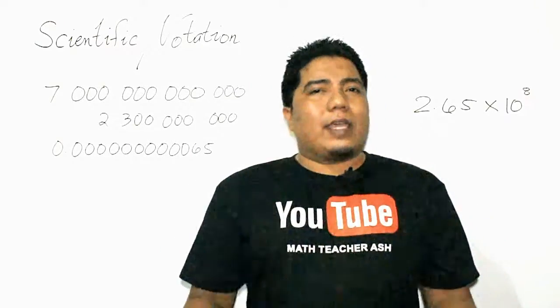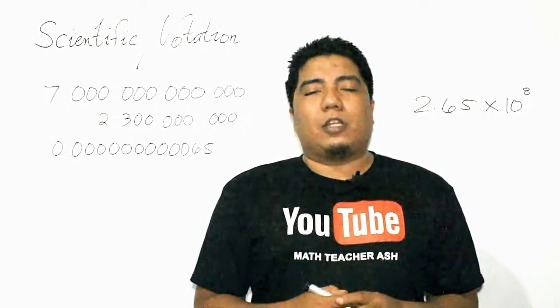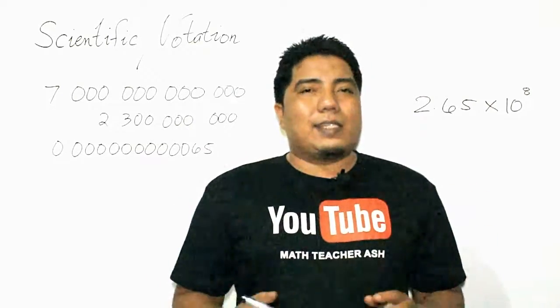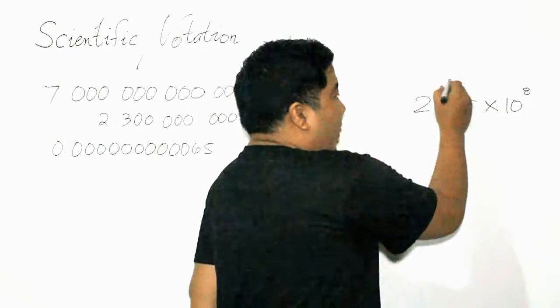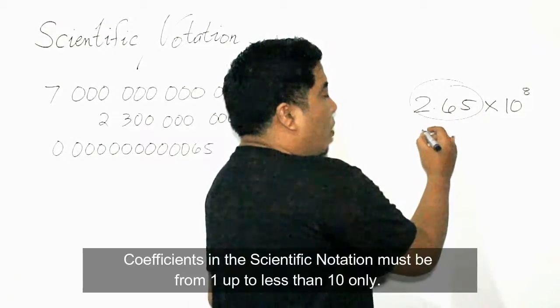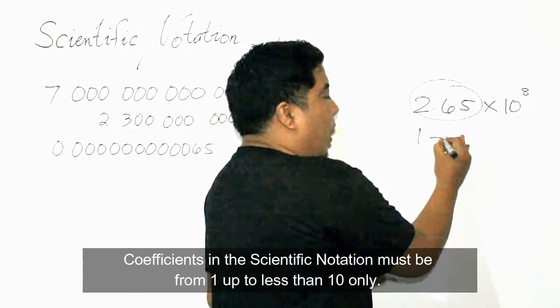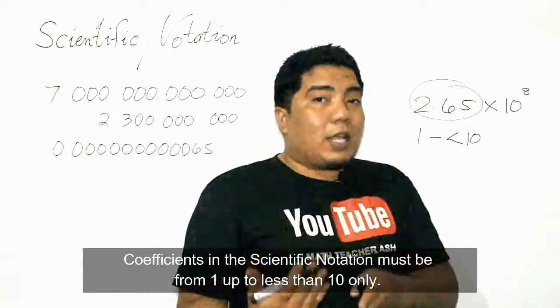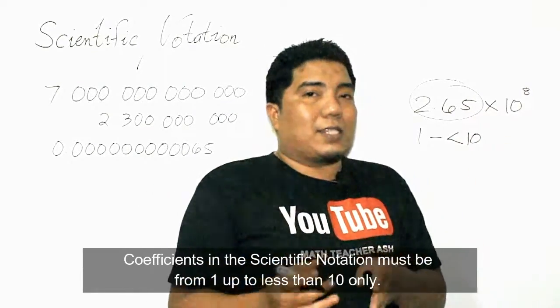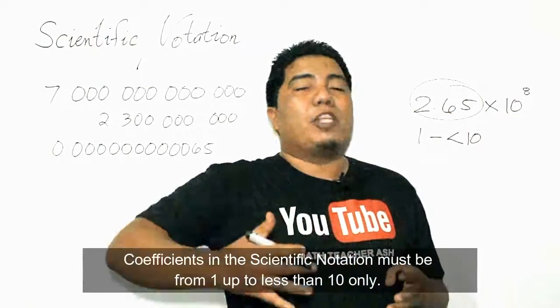Now, the technique here is very simple, my dear math learners. The rule is that you need to write your coefficient such that this value should be from either 1 up to less than 10. Meaning, it should not come up to 10, but it's just less than 10. Meaning, 9 point something.